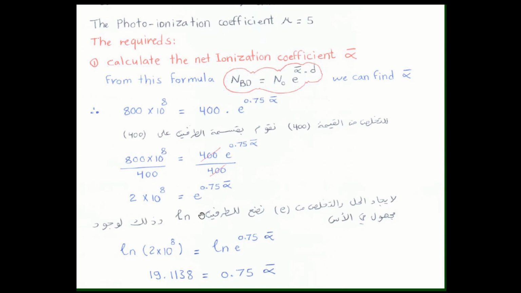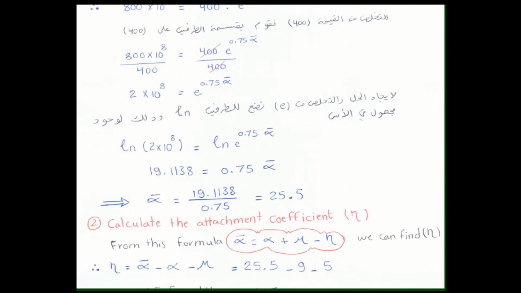So on both sides, ln of 2 into 10 to the power 8 equals ln of e to the power 0.75 into net ionization. When you use ln here, you don't have to include the net ionization; the right side simply gives 0.75 times the net ionization.